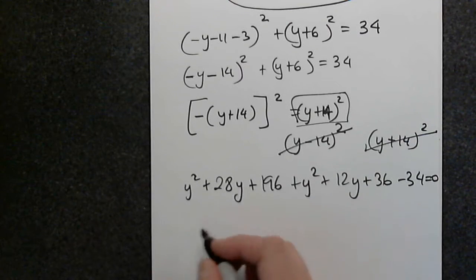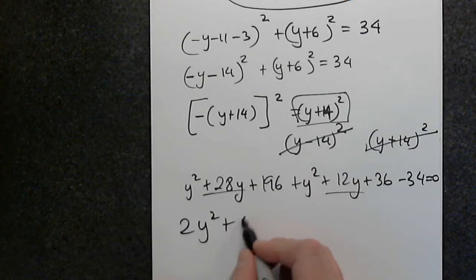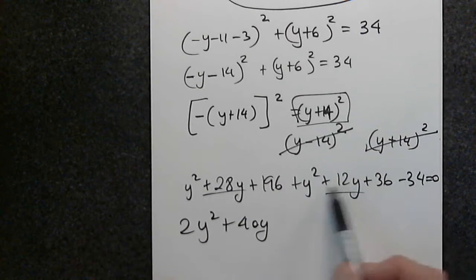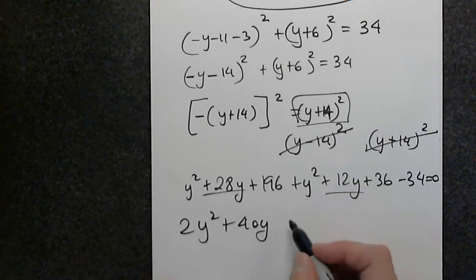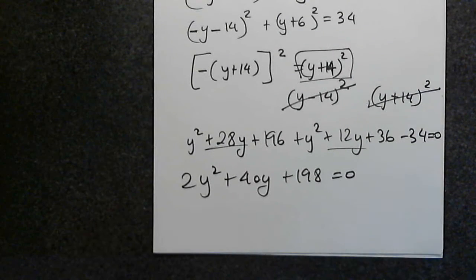Okay, so then I have to combine: 2y squared, then plus 40y, and let's see what we have. This is positive 2, so plus 198 equals 0. Of course, I will do what first? Yes, divide by 2.